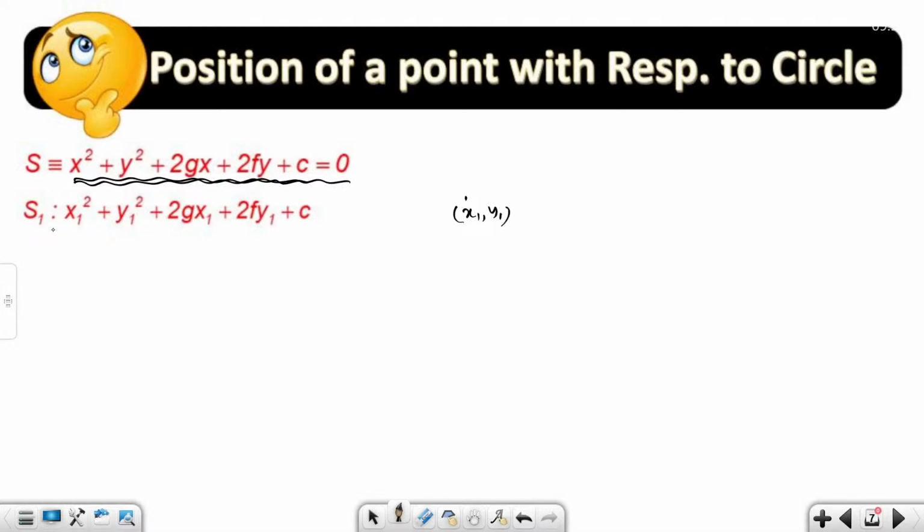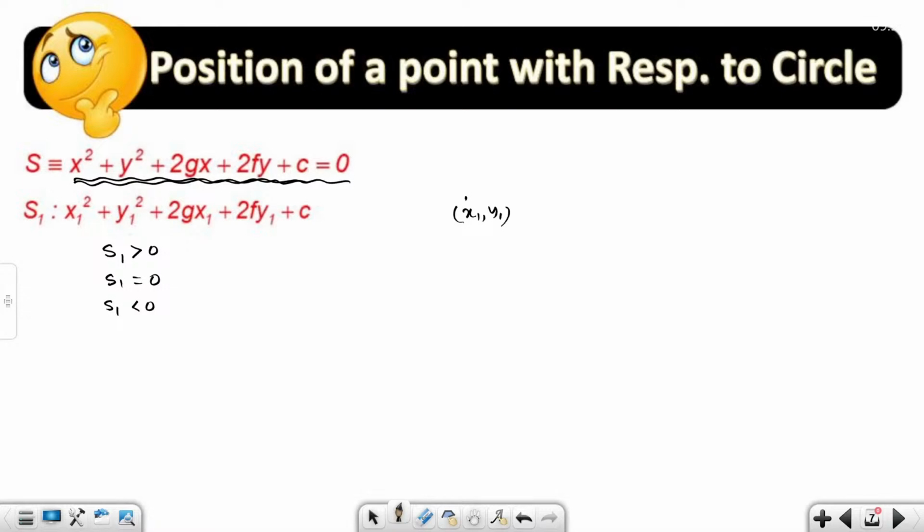Now we got that thing, we denote it by S1. And this S1, if greater than 0, we say that the point x1, y1 is lying outside the circle. If S1 is equal to 0, then we say that the point is lying on the circle. And if S1 is less than 0, we say that the point is inside the circle.